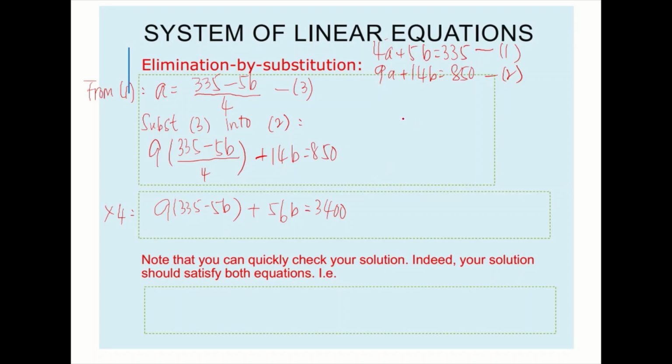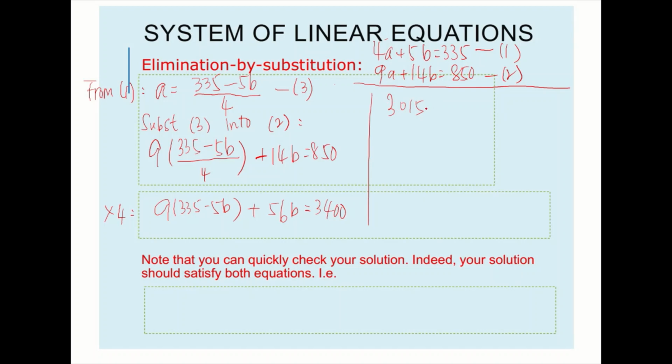Next we are going to continue here. Further simplify this, 9 multiply 335, we actually get 3015. Now you can see the values are very familiar, right?